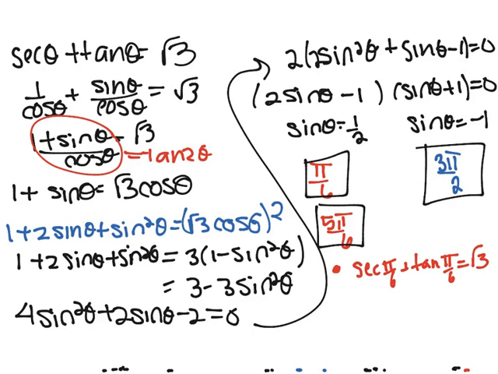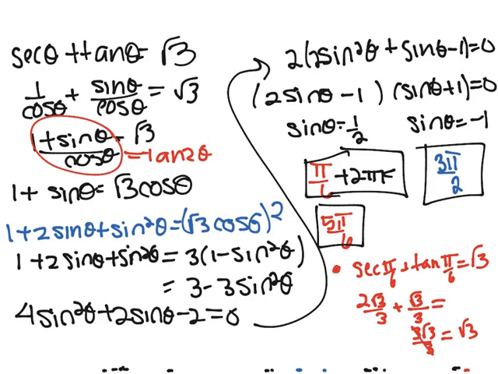So secant of pi over 6, that's the reciprocal of root 3 over 2. That's 2 root 3 over 3. Tangent of pi over 6 is root 3 over 3. It's a sine over the cosine, and then you rationalize. That gives you 3 root 3 over 3, and that does work. So that's a possible answer. So for that one, just plus 2 pi k, and you're good.